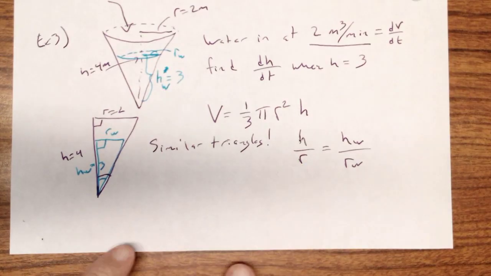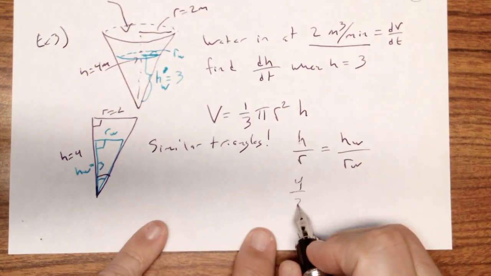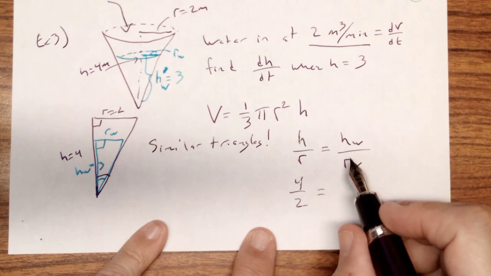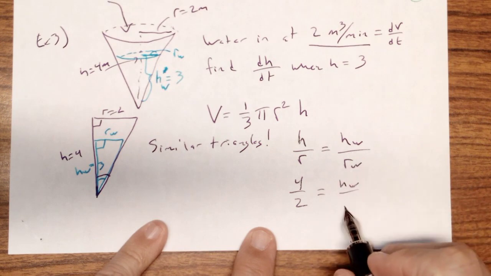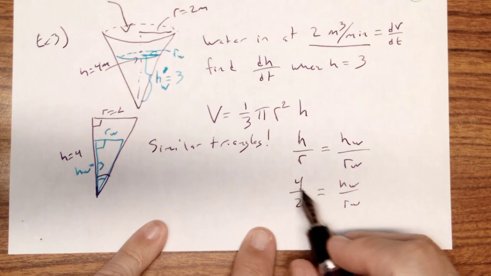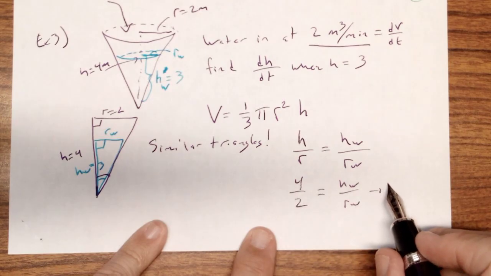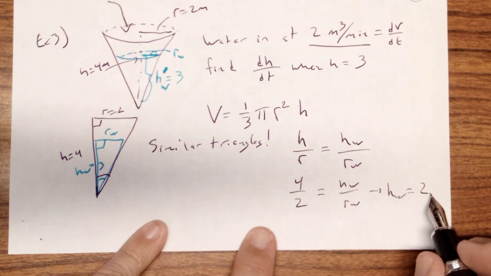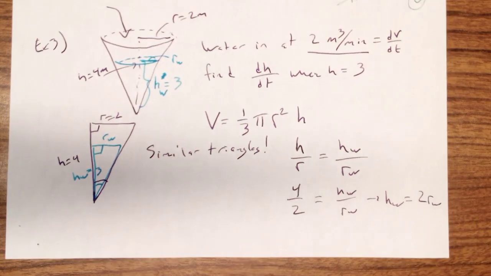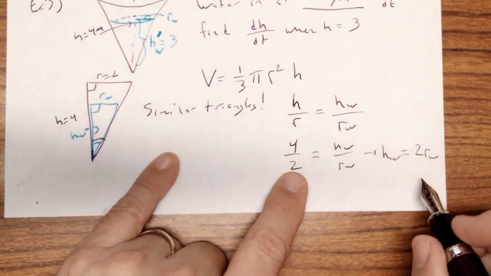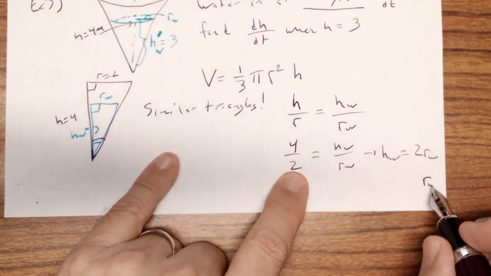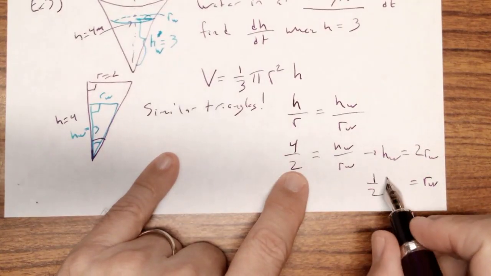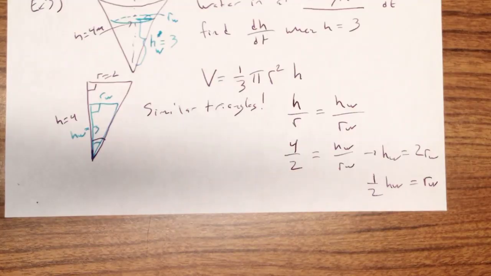But I know these numbers. That means that I know what's going on here, that HW is 2RW. Or if you'd rather, RW is a half HW.